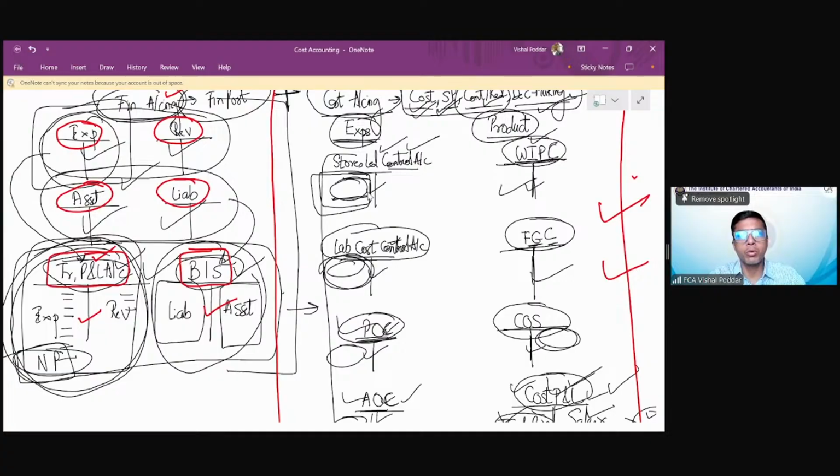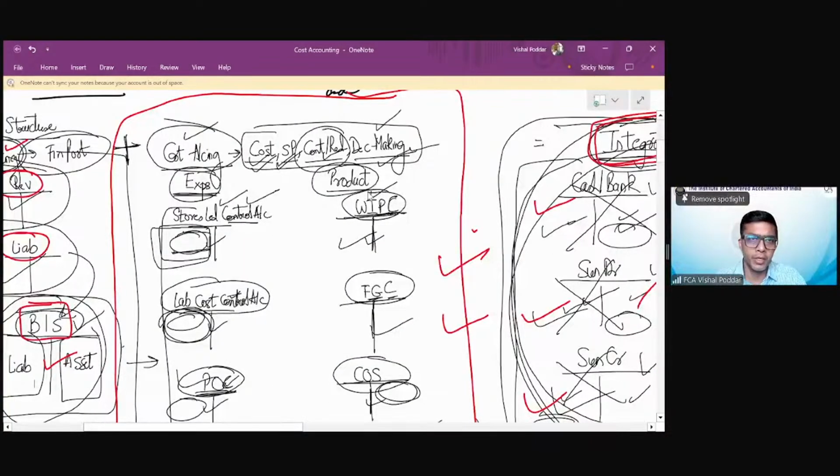But when we come to cost accounting, our purpose in cost accounting is different. Here the purpose is identifying or determining your cost, fixing up the price, doing cost control, cost reduction, and also taking decisions relating to the business. Now, to achieve all these purposes, we need some different set of accounts that will serve these purposes.